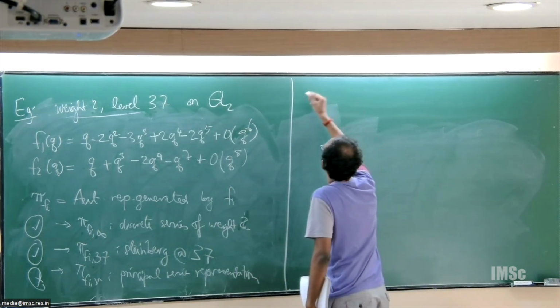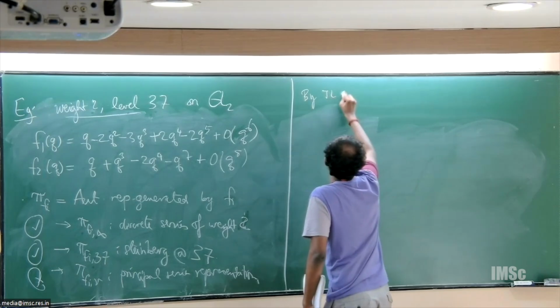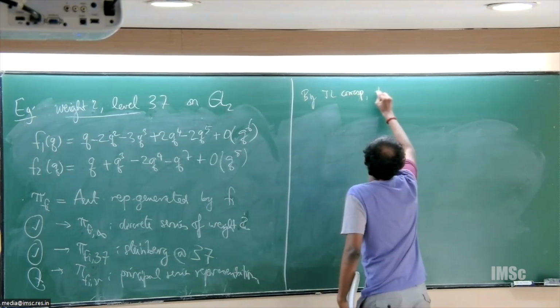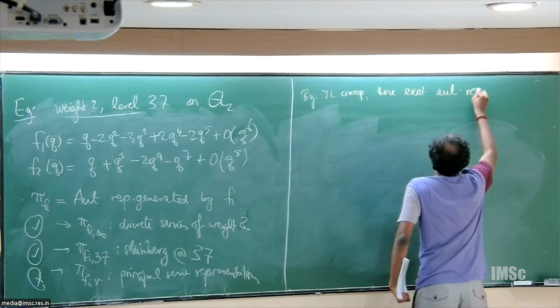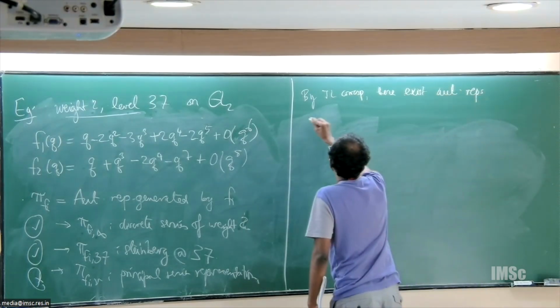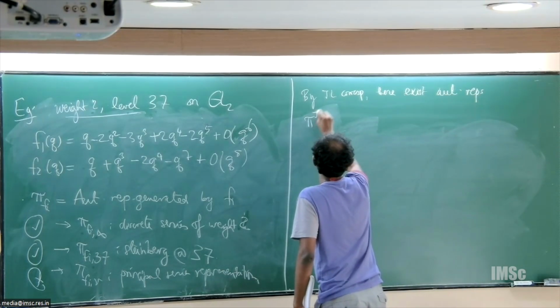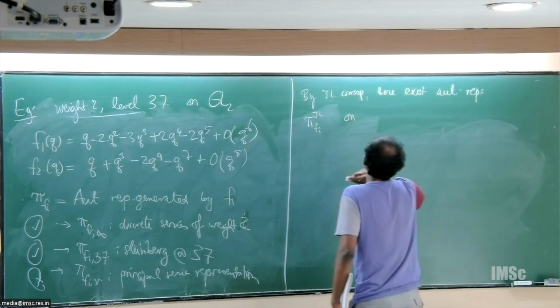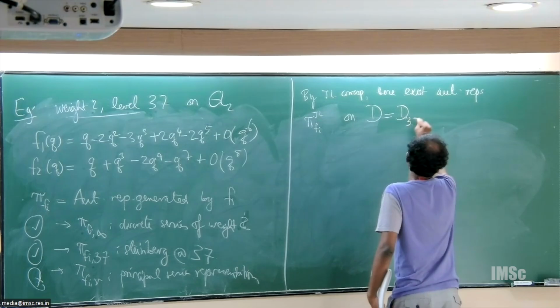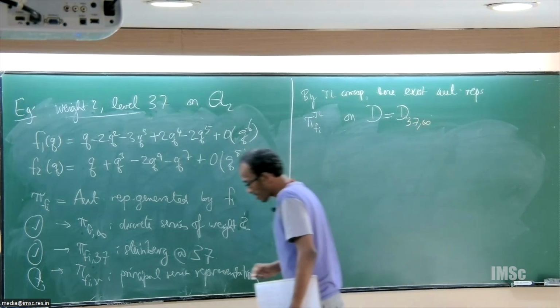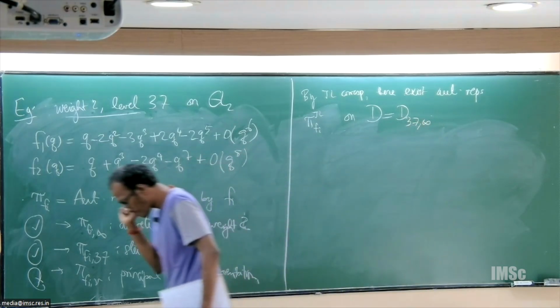So by the Jacquet-Langlands correspondence, there exist automorphic representations JL(f_i) on a quaternion algebra D, which is ramified at 37 and infinity.